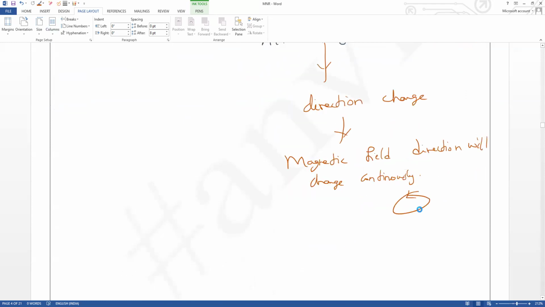When the current is clockwise or anti-clockwise, you can see the direction of the magnetic field. If the direction of the current is reversed, then the magnetic field will also be reversed.